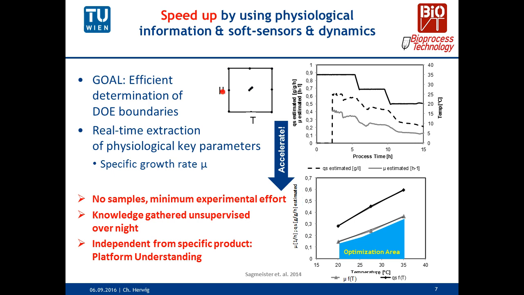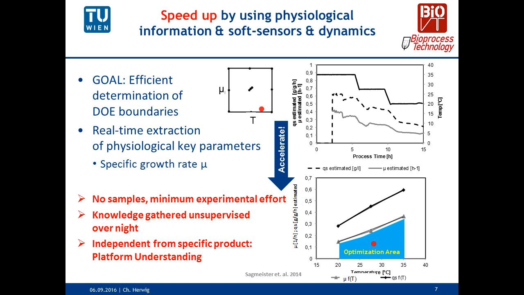With the tool which I have shown you, the MBA analyzer, and the tool of estimating the biomass specific growth rate here, and running a dynamic experiment by switching temperature in one experiment, overnight, without sampling, you can find out the area which is actually the area for optimization in your DoE.